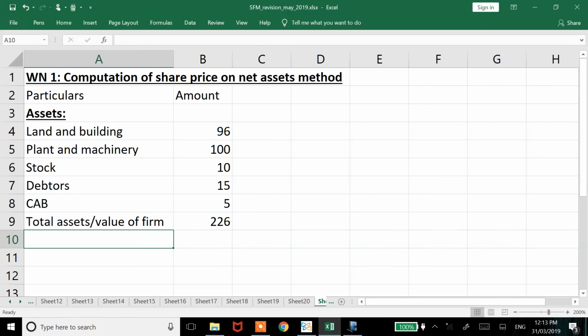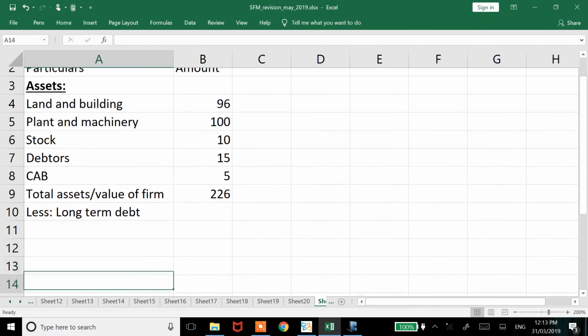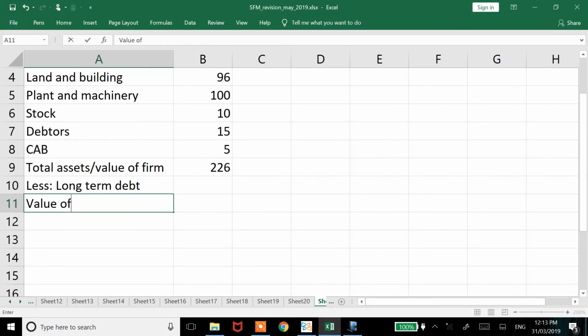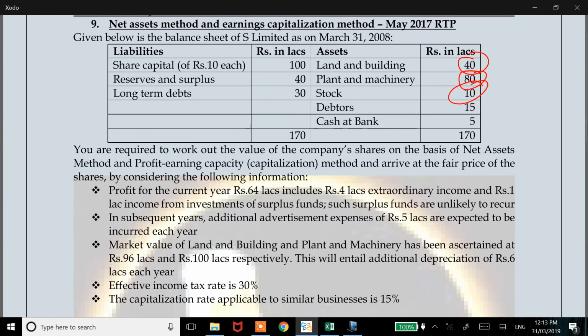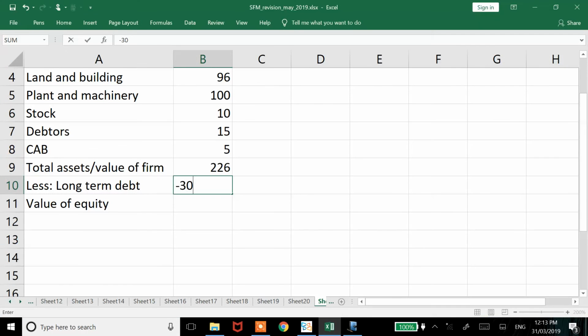If current liabilities are not there, what I get is directly the value of firm less long-term debt, and we'll get value of equity. Long-term debt is 30 lakhs and value of equity is 196 lakhs.